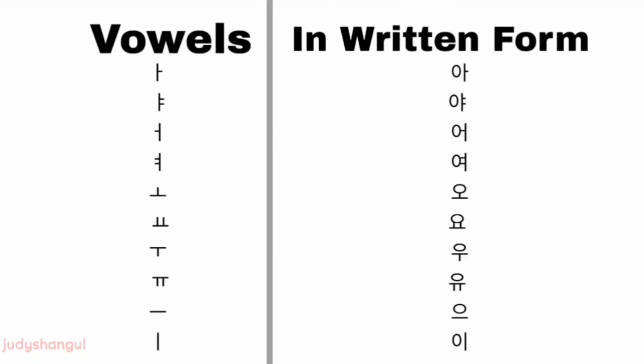The vowels on the left side are in their original form and the vowels on the right side are used in written form.